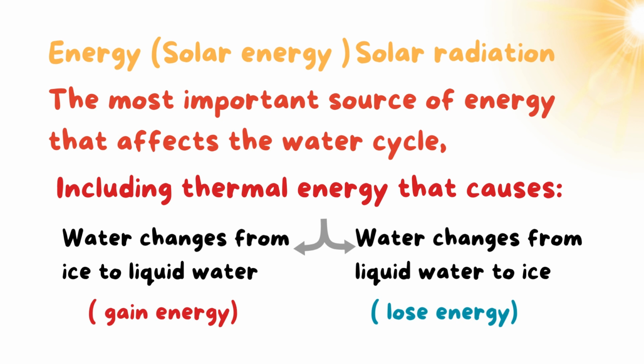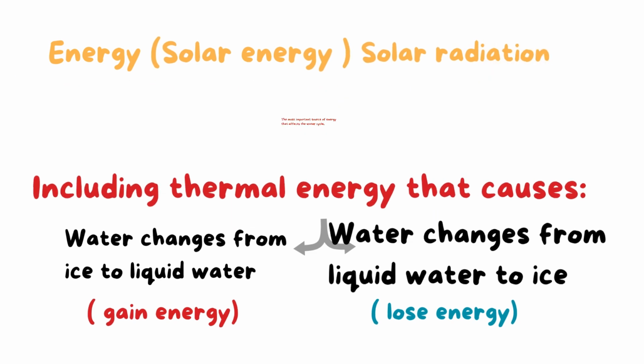And the other thing, when the water changes from liquid water to ice, in this case it loses energy. Changing from liquid to solid is by losing energy. So even in the changes from water to water vapor as gas state, and from the gas state to water as condensation, all of these are about energy transfer that affects the water cycle.